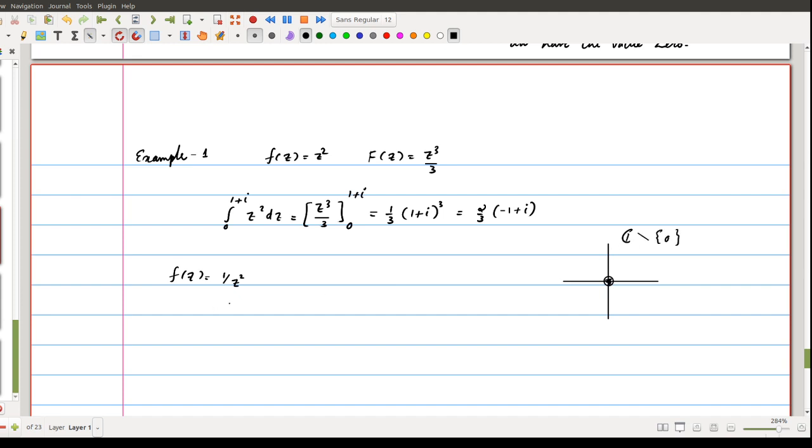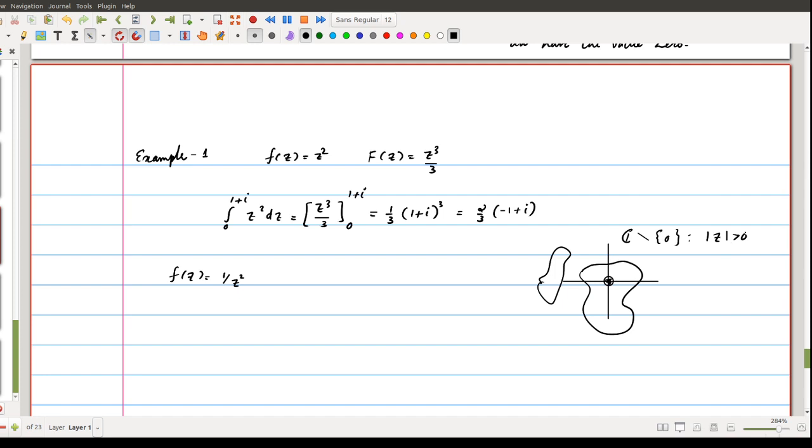So this is the domain of this function, and if you consider any closed contour fully contained in this, this can also be represented as mod z greater than 0. Mod z equal to 0 represents the origin, so mod z greater than 0 gives this one.